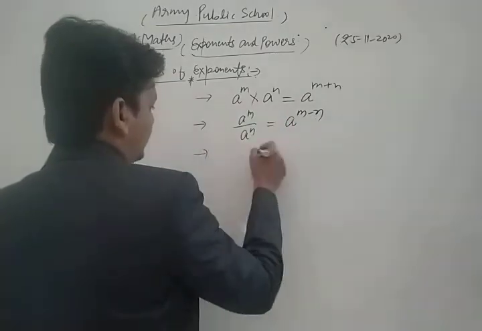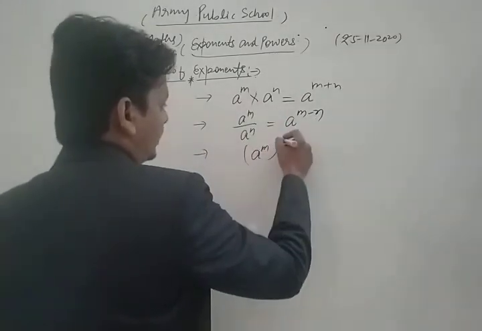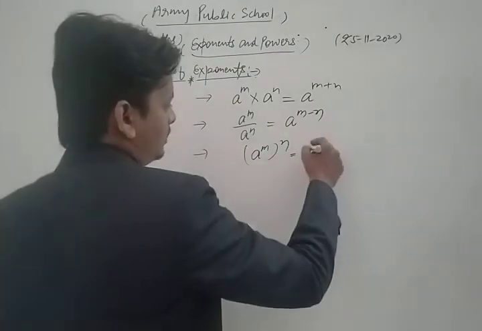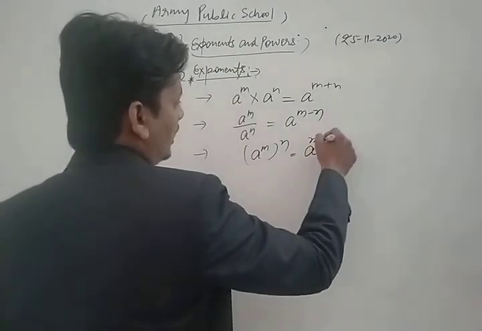If we have a to the power m to the whole power n, then we just multiply their powers, which means we write a to the power m into n.